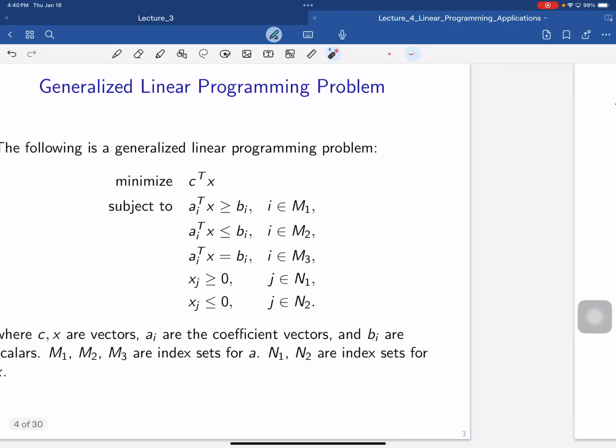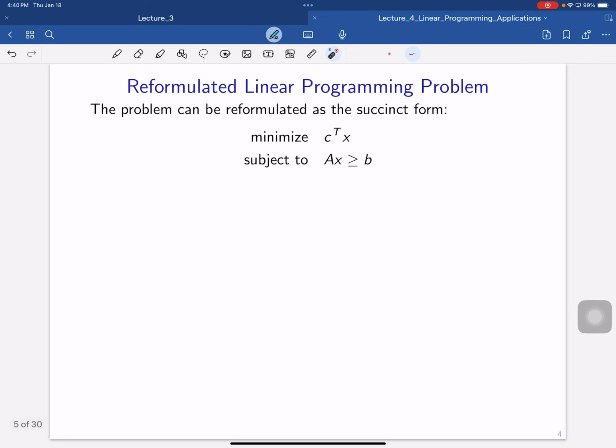Okay, so that leads me to the next slide. As was suggested, you can reformulate the linear programming problem in this very succinct form. You just concatenate all the constraints into a single matrix, let's call it the A matrix.